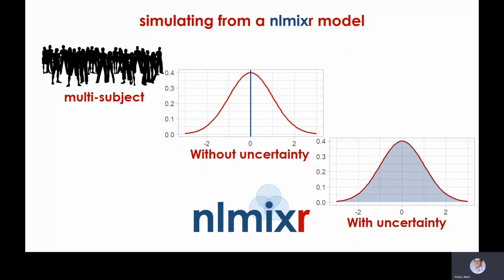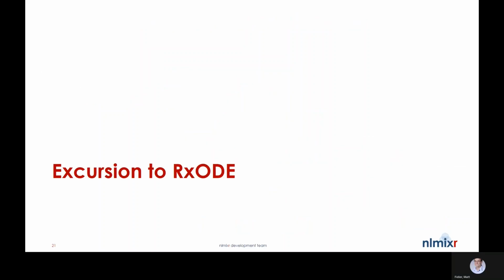The last part I'd like to talk about in nlmixr is how to simulate once you have a model. First I'm going to talk about multi-subject simulation, simulation without uncertainty in your model parameters, and simulation with uncertainty in your model parameters. So we're just going to take a brief excursion into RxODE.